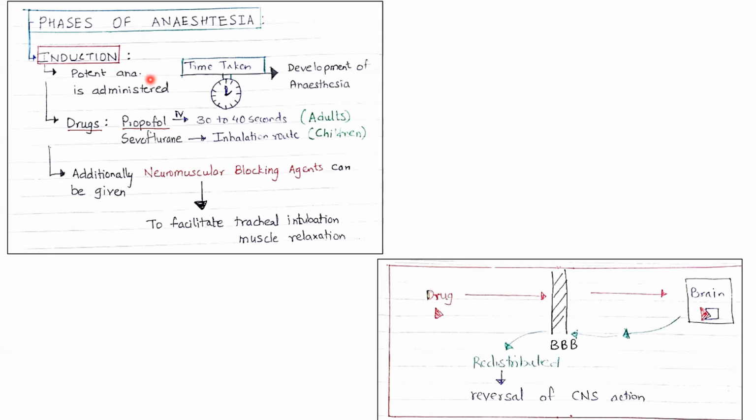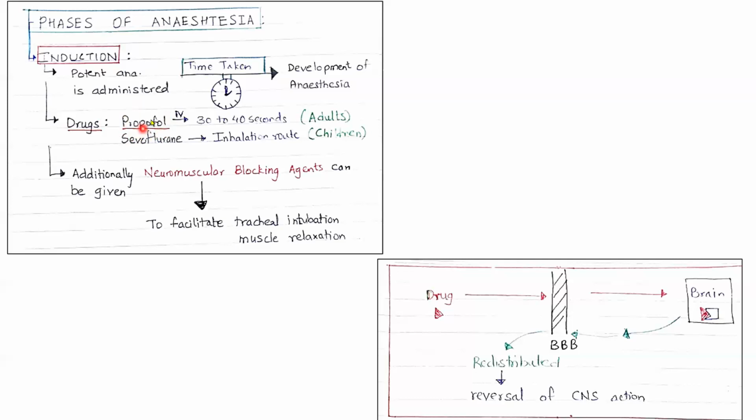So first we will discuss the first phase, that is the induction phase. In the induction phase, potent anesthetics are administered, and the time taken after administration for the development of anesthesia is called the induction phase. Suppose you give the patient an anesthetic agent, for example propofol, which is a very popular and well accepted anesthetic agent nowadays.